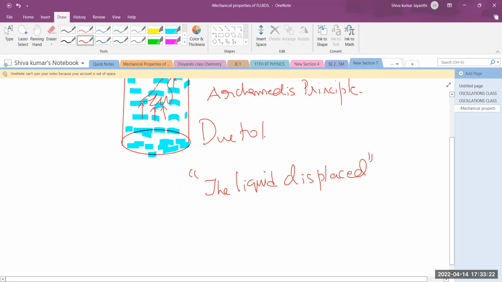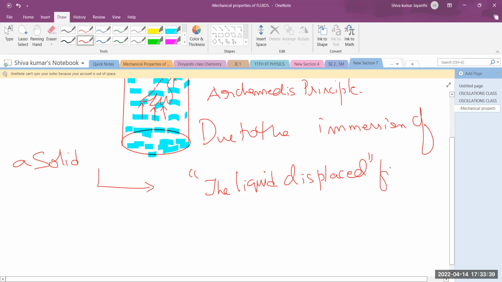Due to the immersion of a solid. Due to the immersion of a solid, some of the liquid is displaced from its original place.